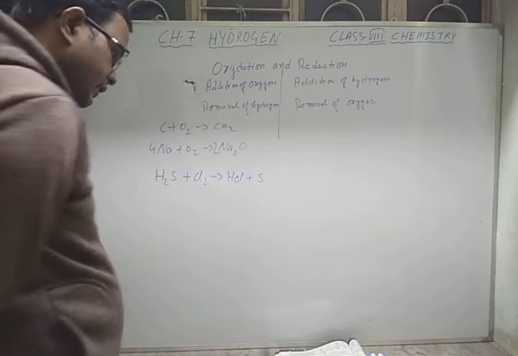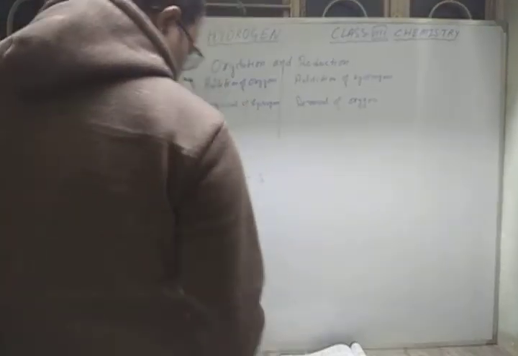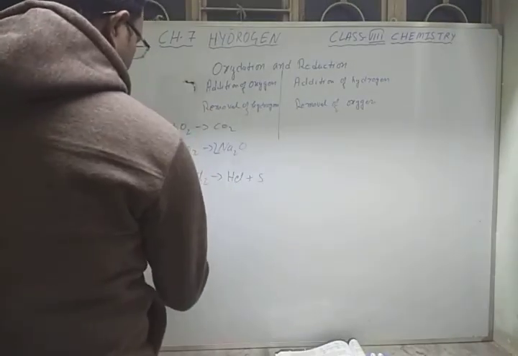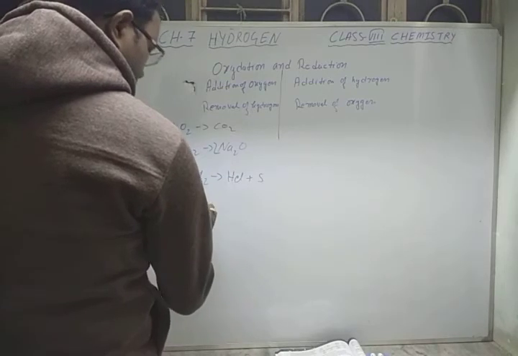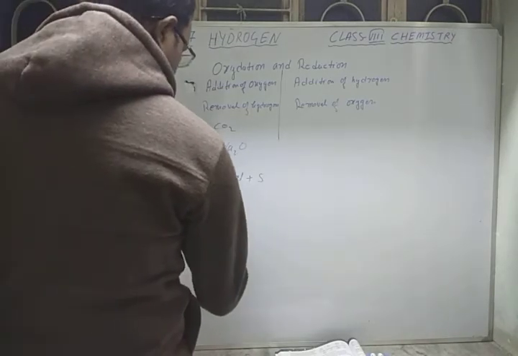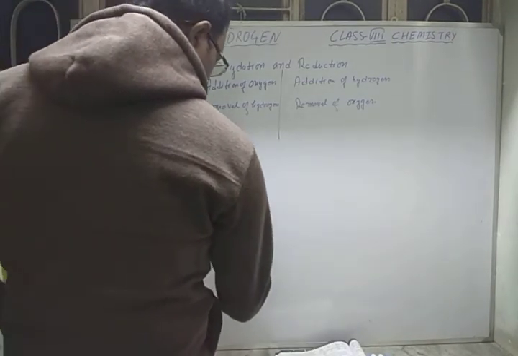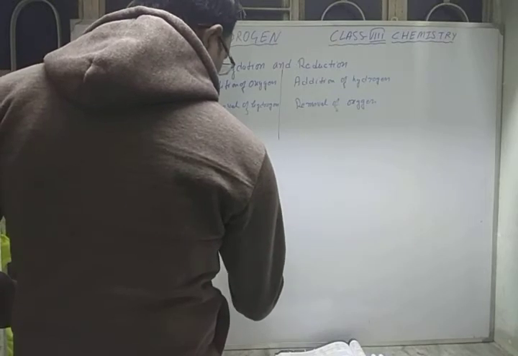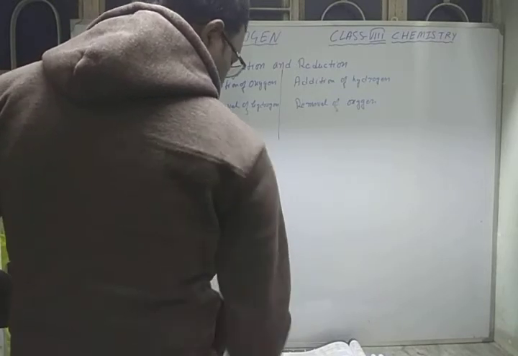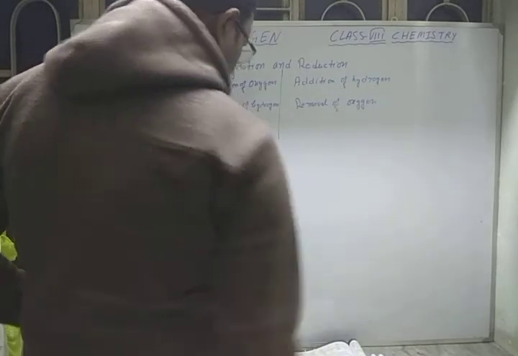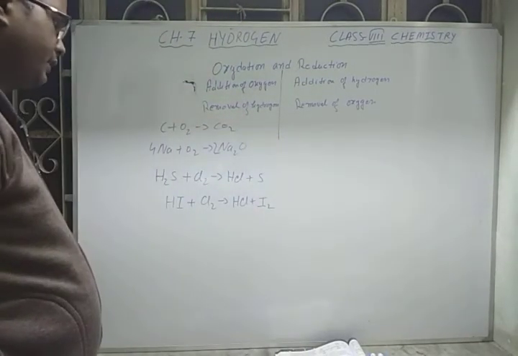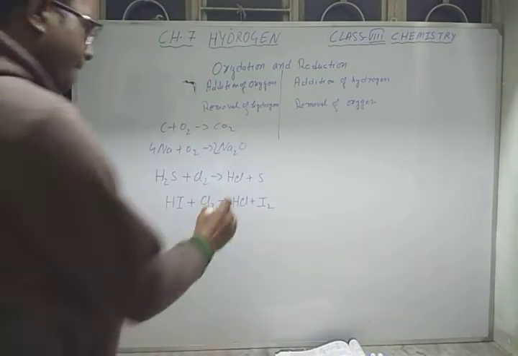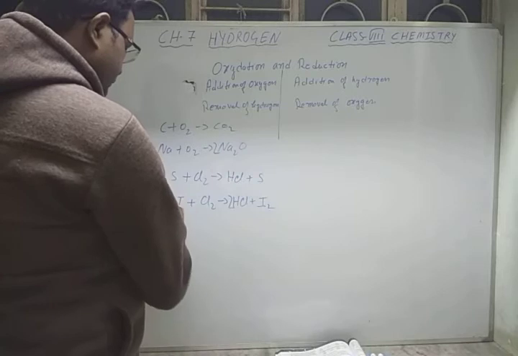So here it is a removal of hydrogen. Similarly, take hydrogen iodide HI with again chlorine Cl2. What will you get? Again HCl you will get, and iodine will be separated. In this way you can see. We have to balance it here.